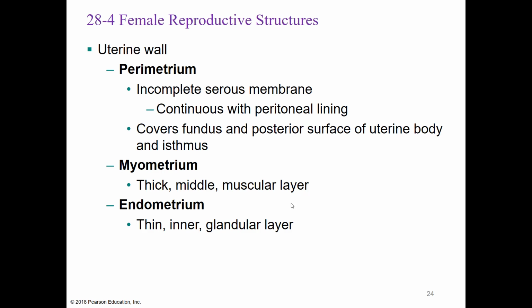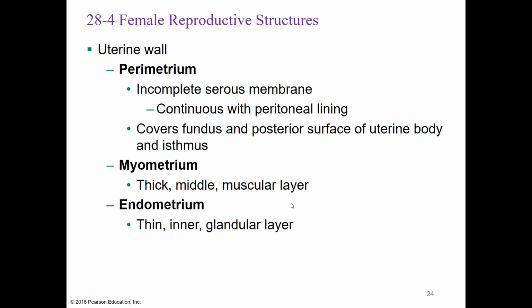We then have the myometrium, which is the middle layer, the thickest, and made of muscle, again, smooth muscle. The endometrium, which is the innermost layer of the uterus, it's thin and very glandular, so lots of glands, lots of secretions. So we're going to look at those three layers in a little bit more detail.